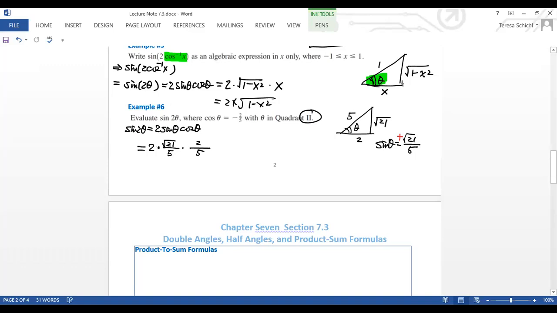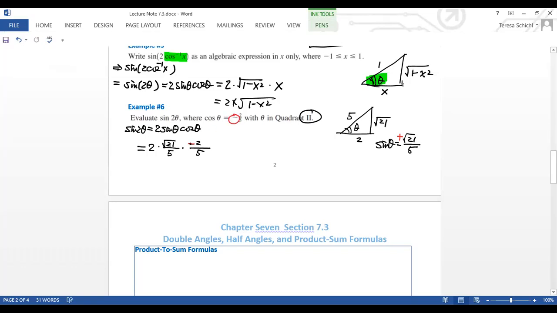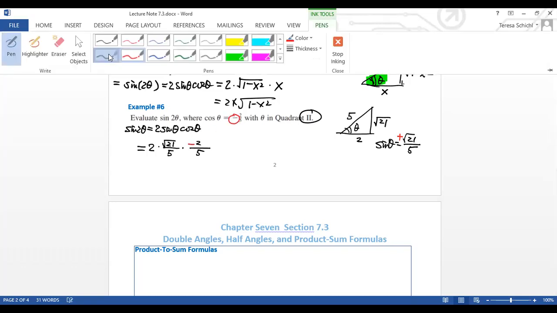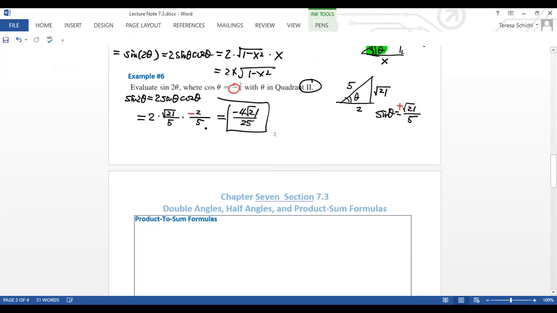Don't forget the cosine has a negative. I almost did not see that. So this will be negative 4 square root of 21 over 25. Those are the back and forth between double angle and half angles.